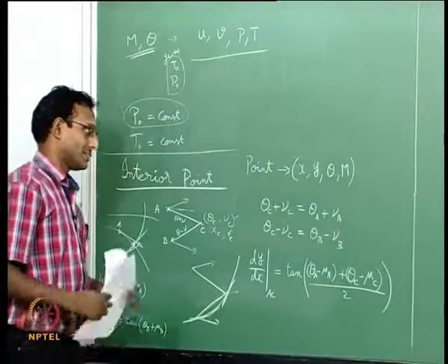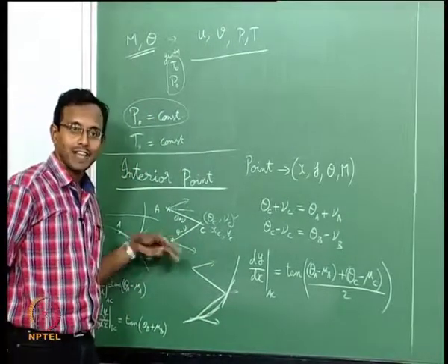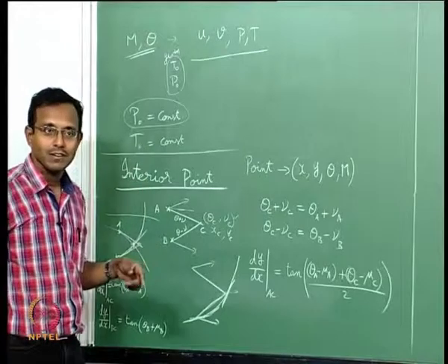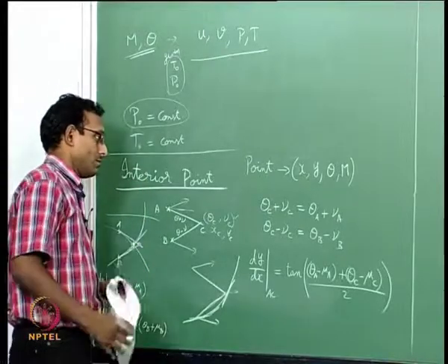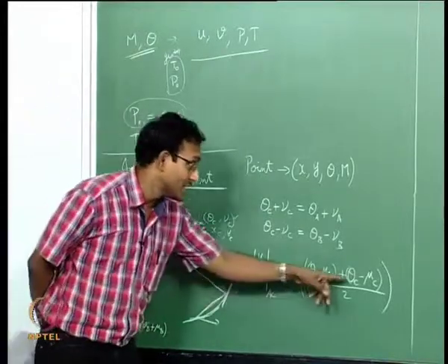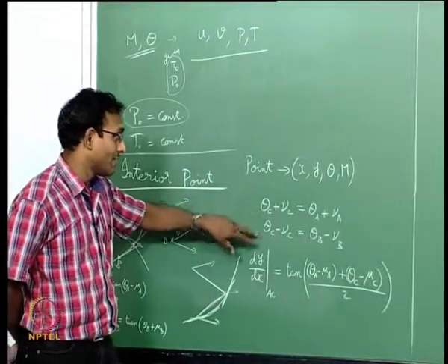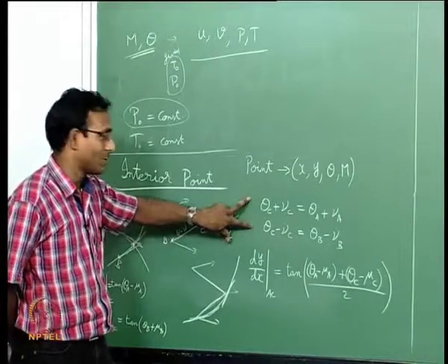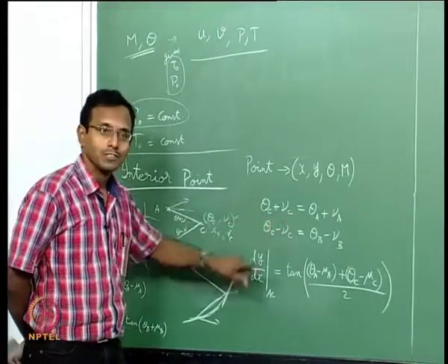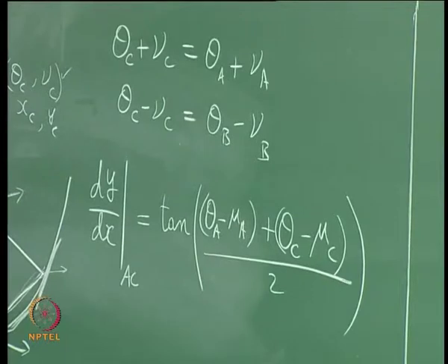I am taking an average of the angles and then putting a tan of that. Do I actually know the values theta c and mu c? Yes, I can know it because I already have this equation which can be independently solved. So I know theta and mu, so I can use them here easily.